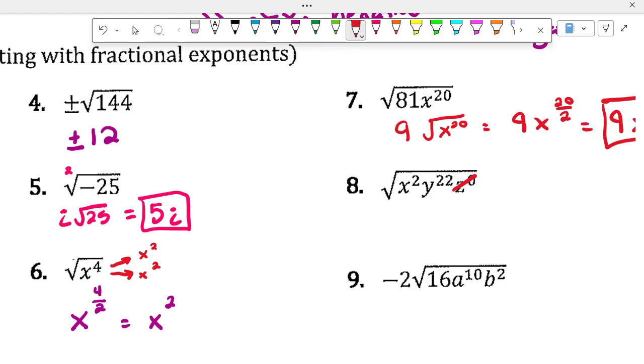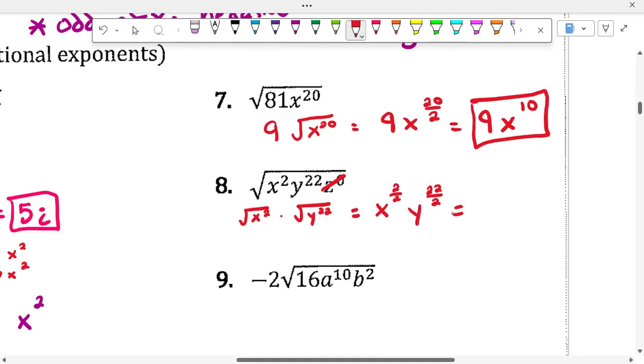Now, let's say I rewrote this as square root of x squared, square root of y to the 22, which we can do. We talked about that when we were simplifying radicals in unit 4. So if I convert both of those to fractional exponents separately, what would it be for x? X 2/2. What would it be for y? 22/2.